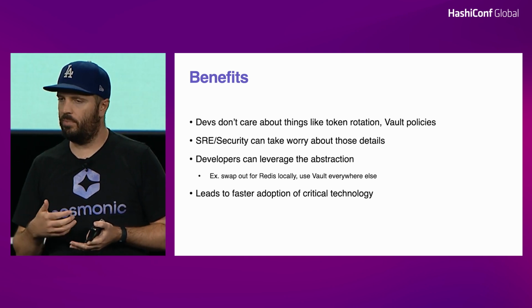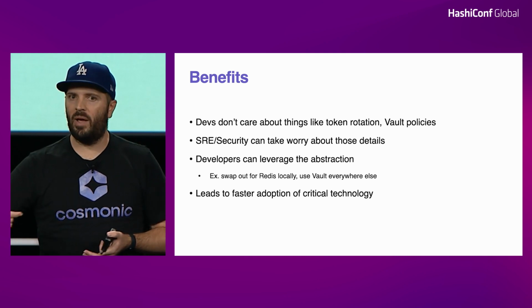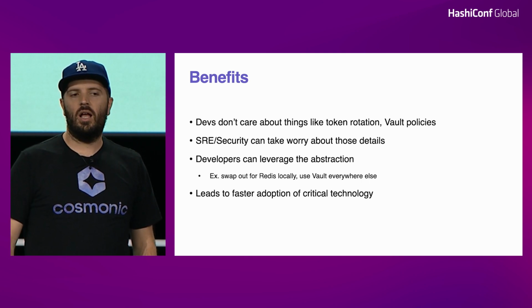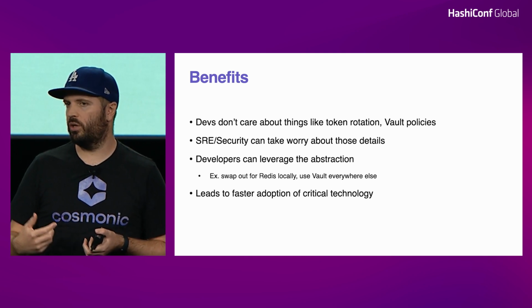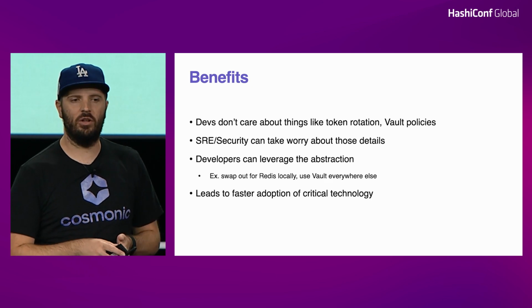It takes years to get people on. With this system, literally all you do is swap out the thing. The developers had no idea, and now you're all using Vault. That's a super easy way to adopt critical technology or things that you consider important for security, compliance, whatever it might be, without even impacting your developers.